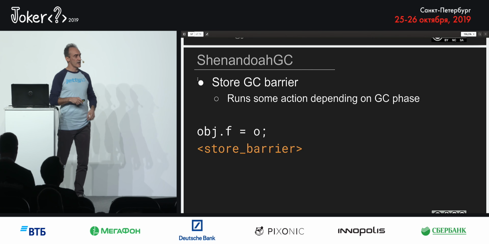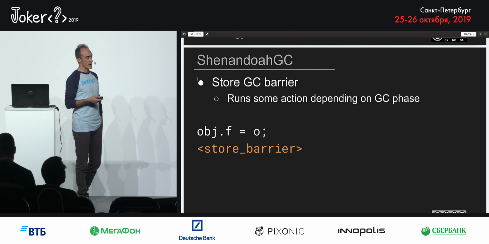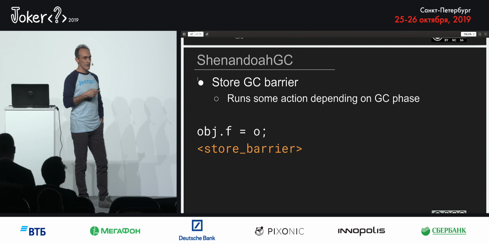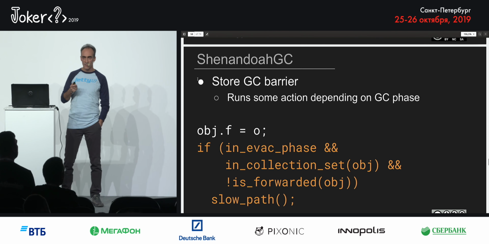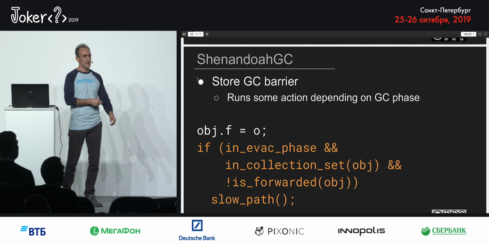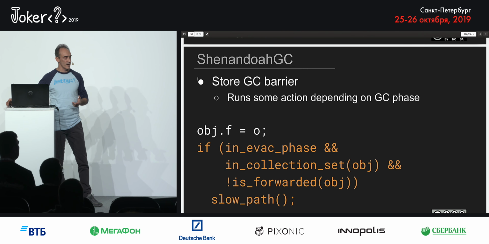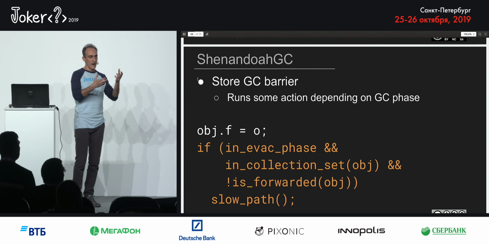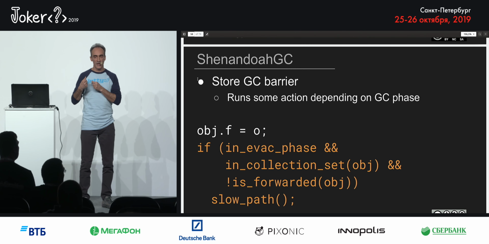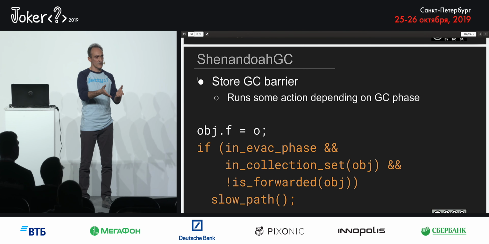Not only do I need a read barrier, but I also need a store barrier. And the reason for that is, of course, that if I change the object, I want to be able to say, oh, okay, the garbage collector is relocating the object, and therefore I need to understand whether the application arrives at that particular object first.